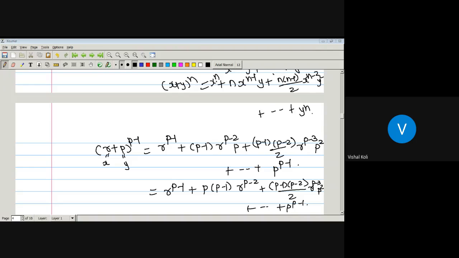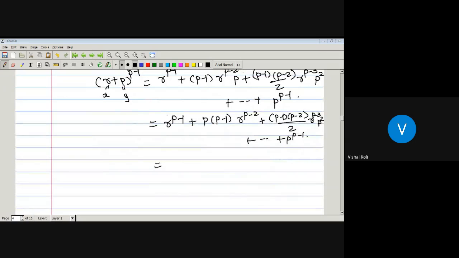Now, over modulo p square. This r to the power p minus 1 stays as it is, plus this can be written as p square into r to the power p minus 2 minus p into r to the power p minus 2, plus, over modulo p square.